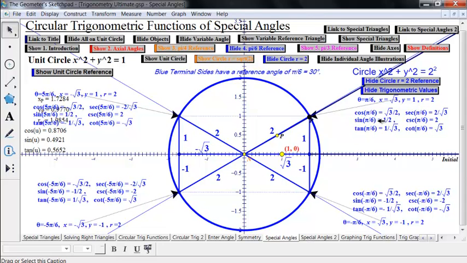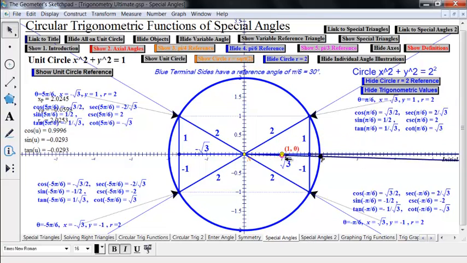Sine of pi over 6 is y over r, so that's 1 over 2. Its reciprocal cosecant is r over y, so that's 2. Tangent is y over x, which is 1 over square root of 3, and cotangent is x over y, so it's square root of 3. I'm going over these each time to remind you of those definitions, also to make sure I don't have any typos. Okay?